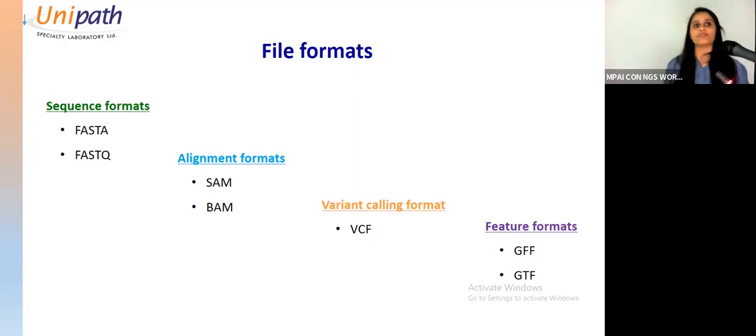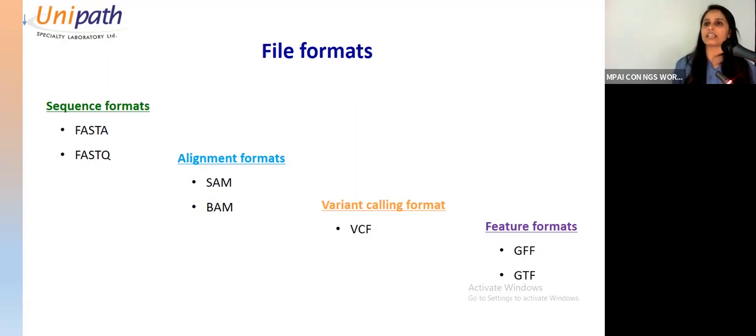Now, once you have a VCF file, again, you have a conversion from T to C, whatever conversion that is. But to know which gene that variant belongs to, for that you need the help of a GFF file. GTF and GFF files come along with your reference genome. For example, if you're using hg38, then along with that you have a GFF or GTF file, which has information of all the genes.